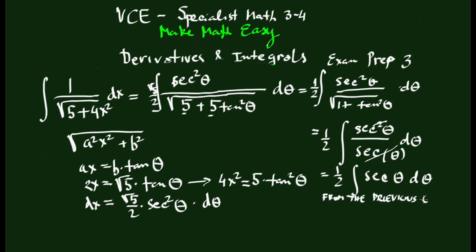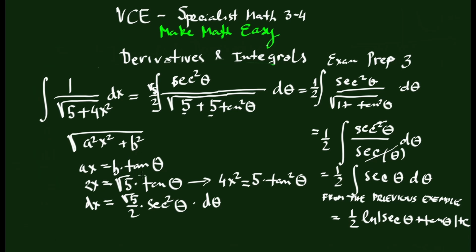And this integral of secant is from the previous examples. So you remember that's half ln of secant of theta plus tangent of theta. Let's see. To do a back substitution, we need secant of theta and tangent of theta.